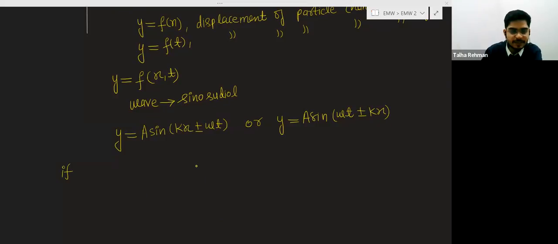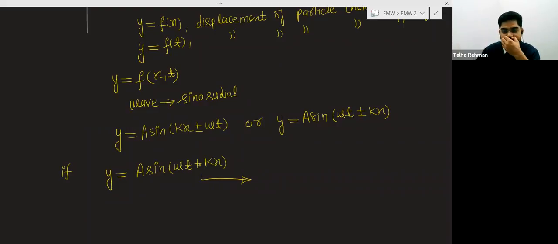If it is written that y is equal to a sine (omega t plus kx), it means that if there is a plus sign between omega t and kx, then this wave is traveling in the negative x direction.